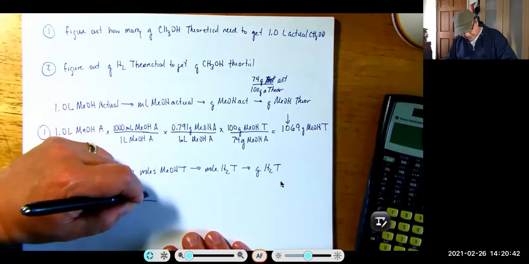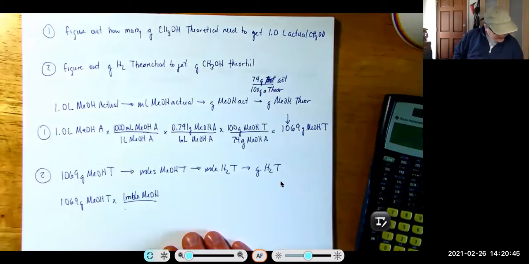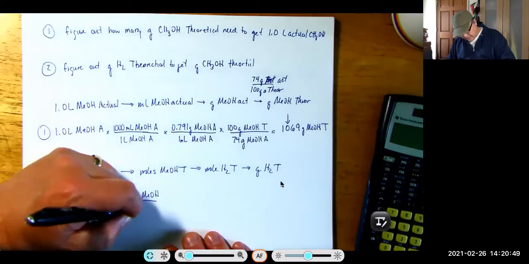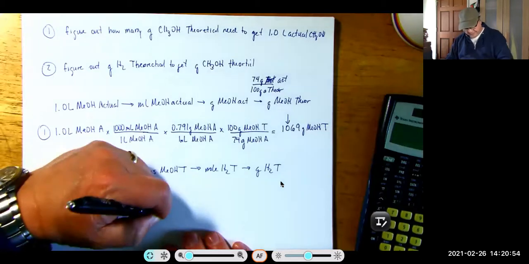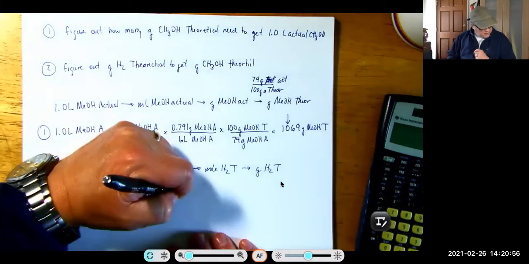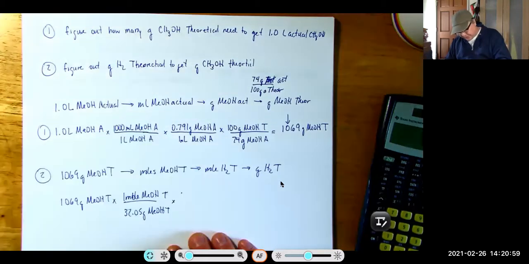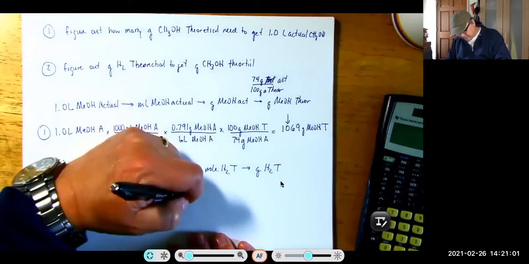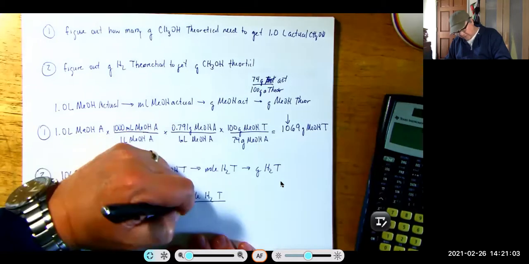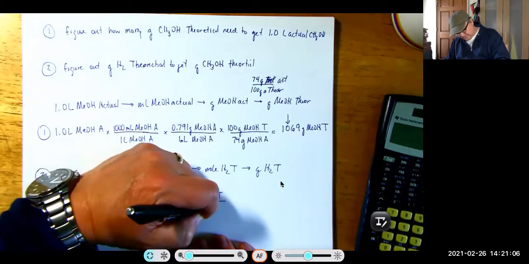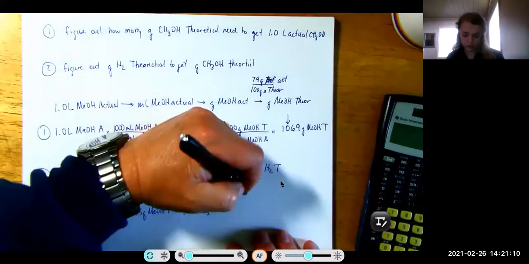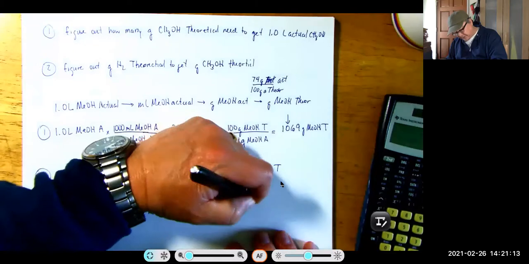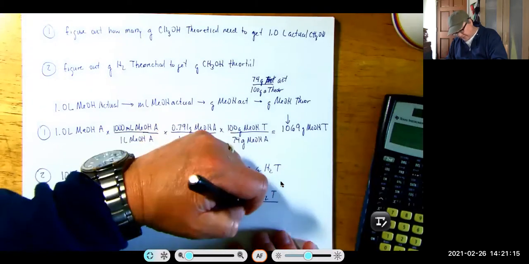Now the molar mass of methanol was 32.05. Two moles of hydrogen to 1 mole of methanol. And then 2.02 grams of hydrogen per 1 mole of hydrogen.